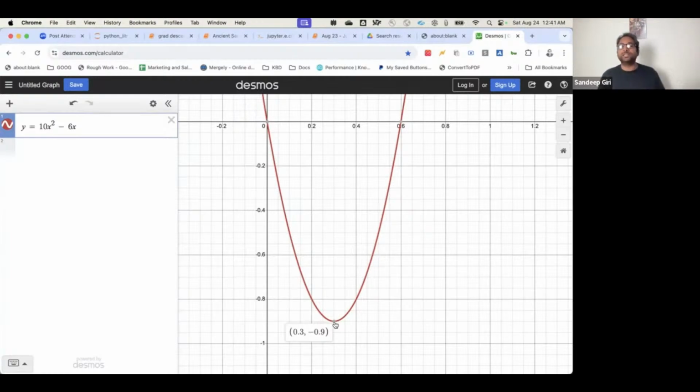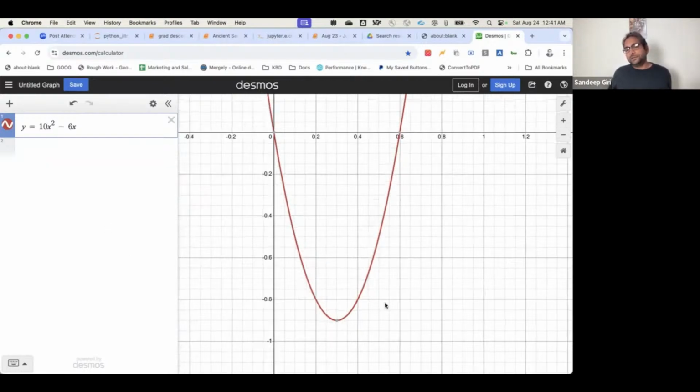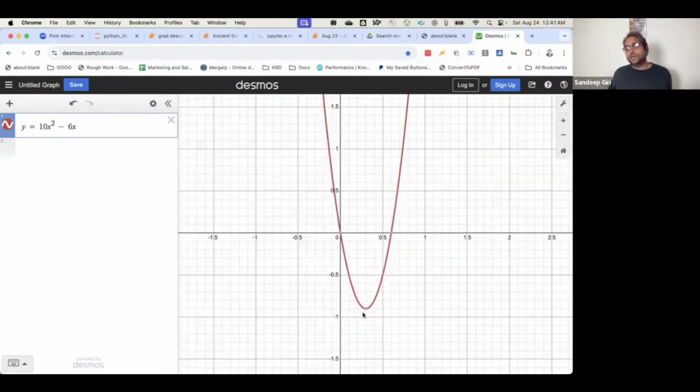Whatever calculation we did was simple. We differentiated y with respect to x, equated to 0, and found that for x equal to 0.3, we would reach the minima. And when we plotted the graph, we were right.